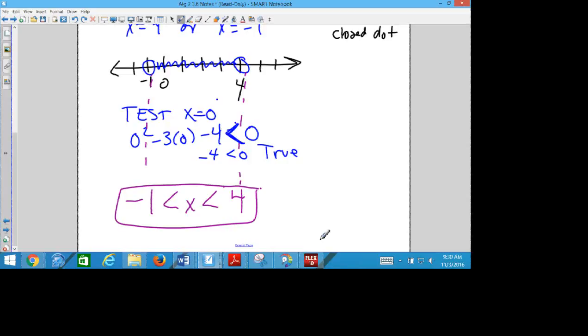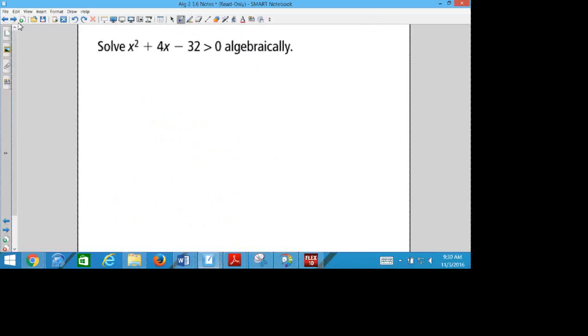So we have one more example. That one is not in your notes. You have to copy it down. So the last example is solving x squared plus 4x minus 32 greater than 0 algebraically. So we're going to do the same thing. Will it factor?